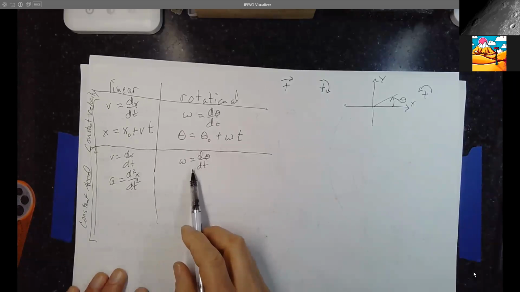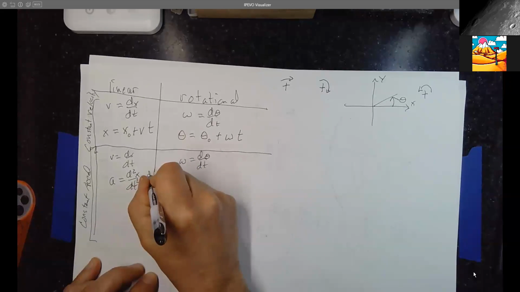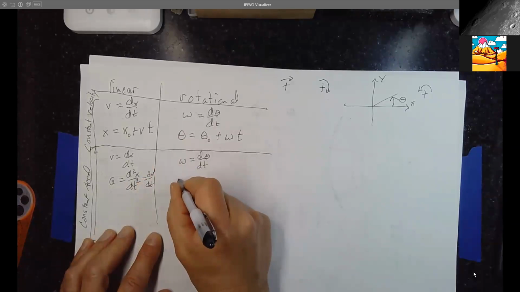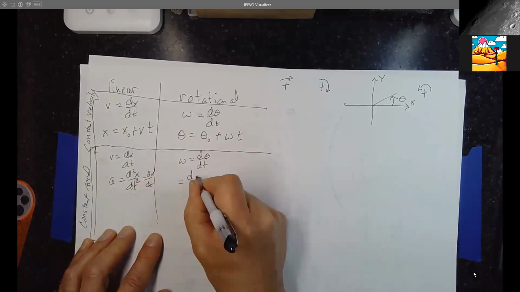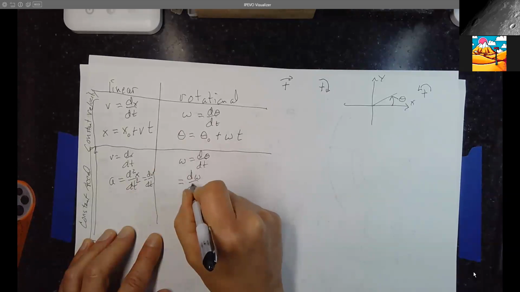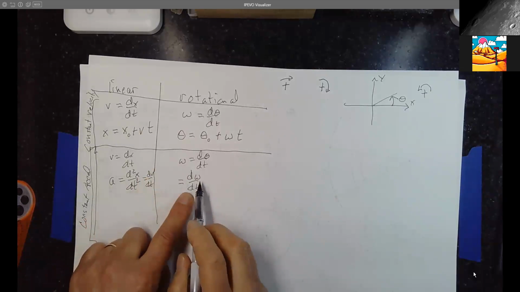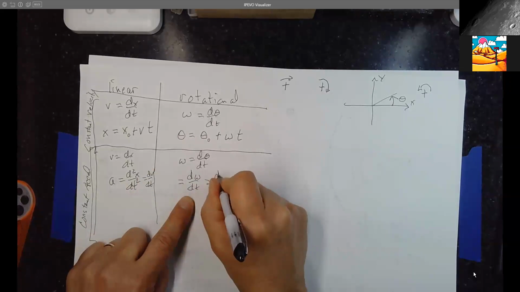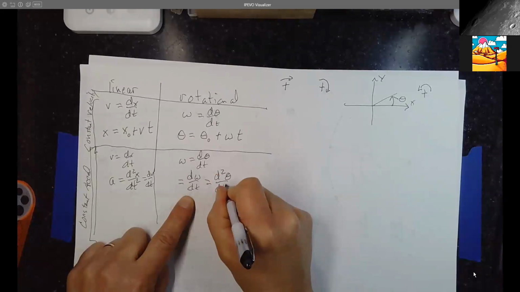Well, what's that going to look like for angles? It can also be dv dt. For angle, that'll give us an idea of an angular acceleration, d omega dt. I replaced v with omega to talk about rotations, and that'll equal the second derivative, d squared theta dt squared.